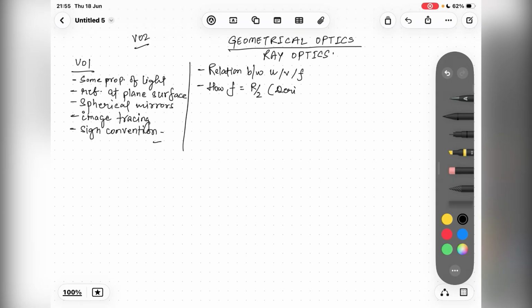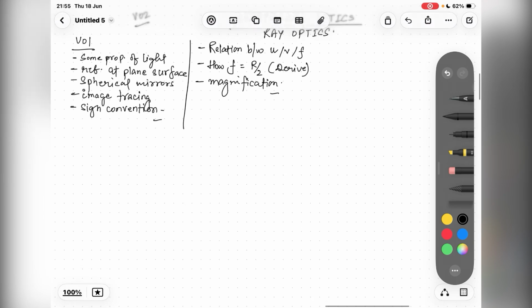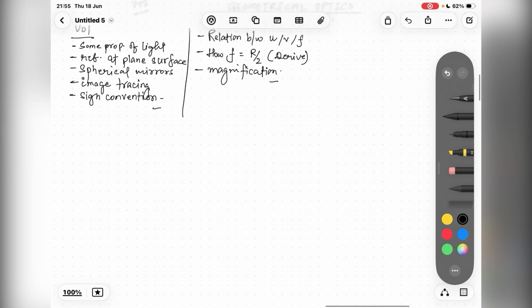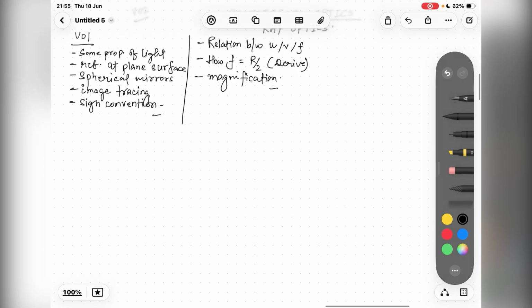We will derive it practically, and at last we will look at how magnification in spherical surfaces and magnification and reflection in spherical surfaces work.